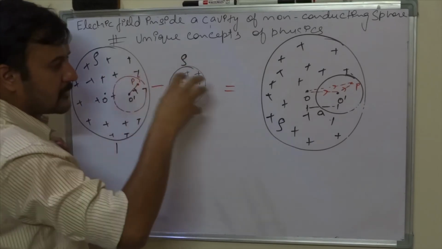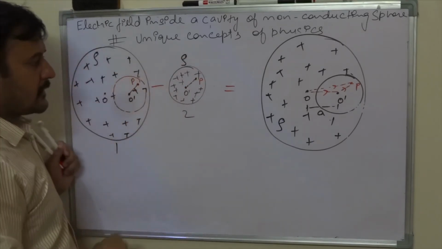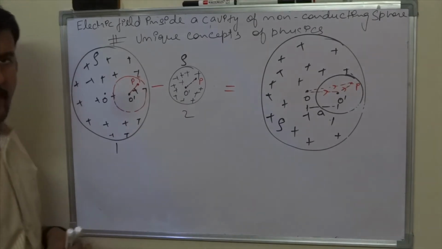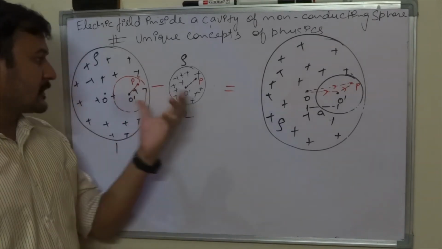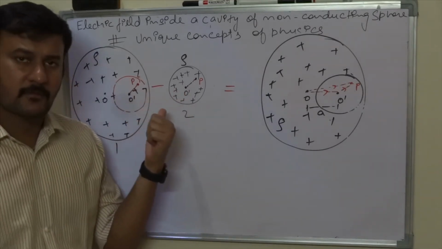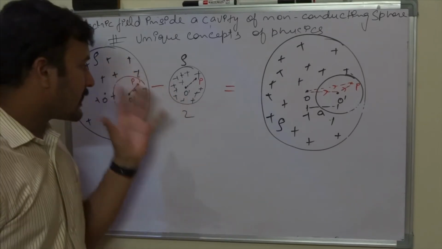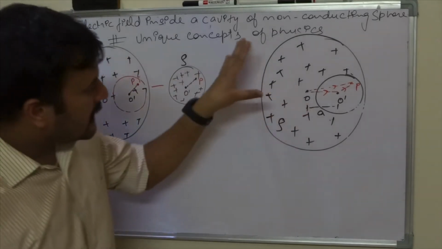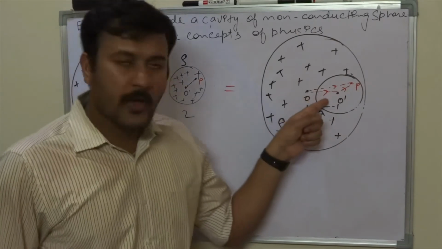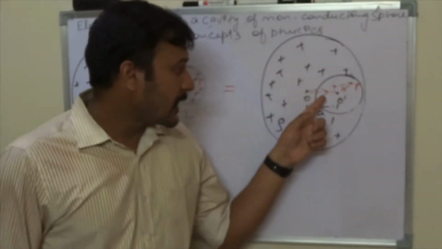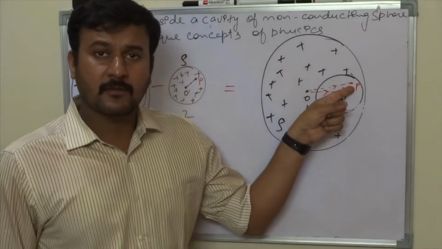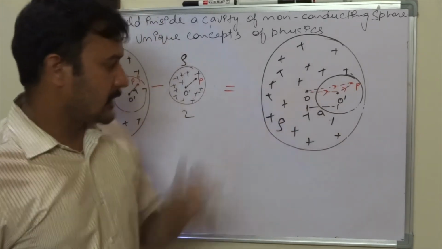This negative sign shows that I have removed this smaller sphere from the bigger sphere. As a result, this sphere is formed which has a cavity inside it, and the point P still lies inside the cavity.